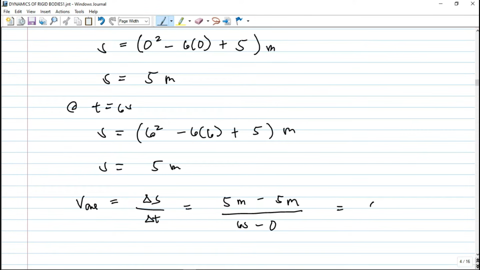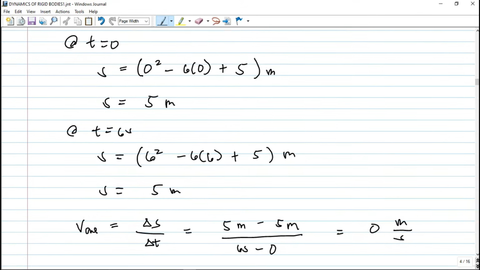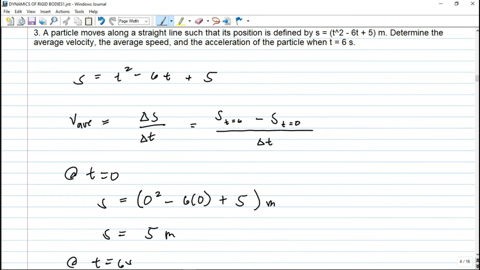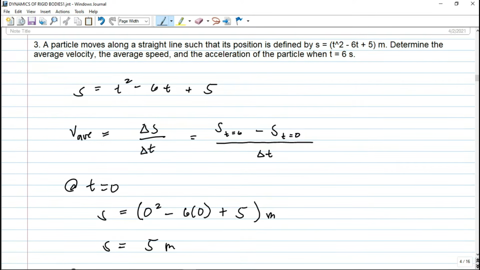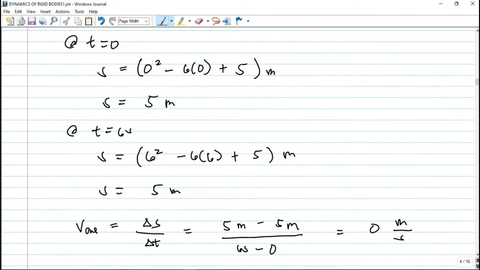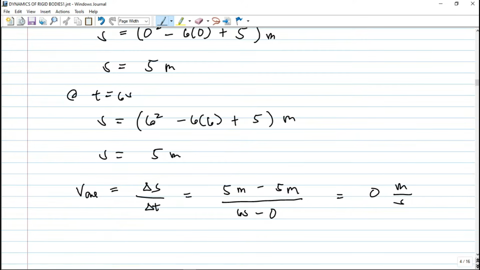So we have 0 meters per second. So the average velocity of the particle in the time interval 0 to 6 seconds is 0 meters per second, because it returned to its starting position.